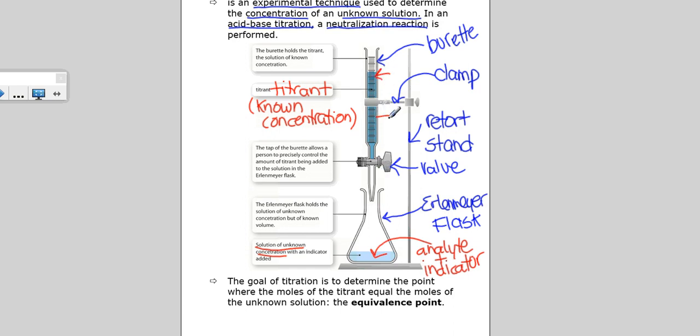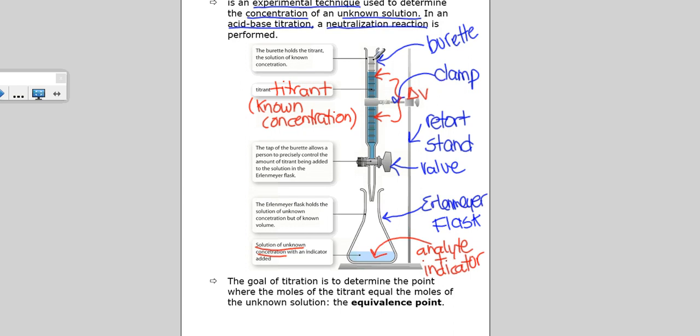So what's your starting point on your burette? What's your final point on your burette? And then you can take a change in volume to find out how much actually comes out of it. And then you'll have data to do some analyses. So we'll look at some data in a little bit of how that works.